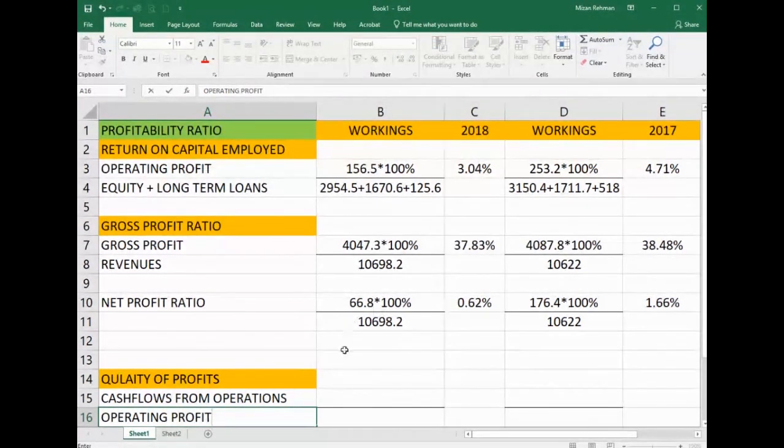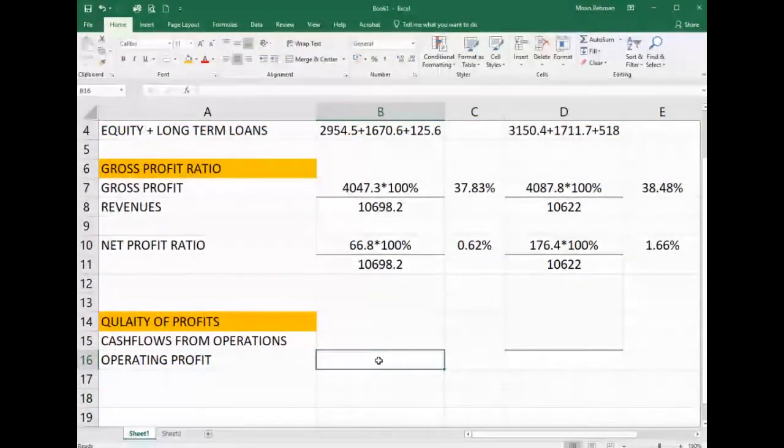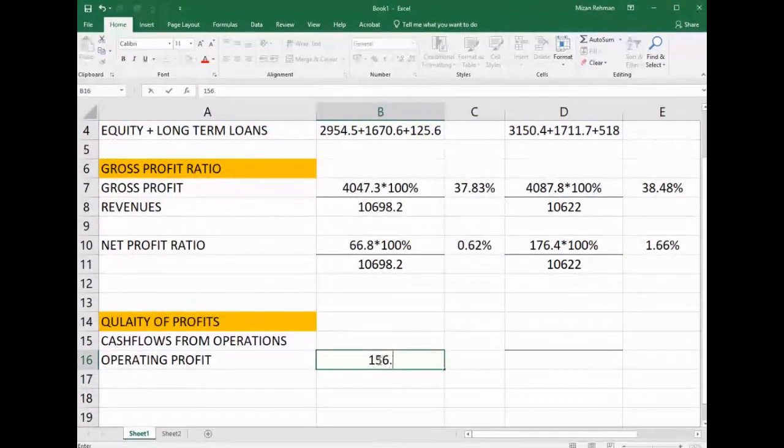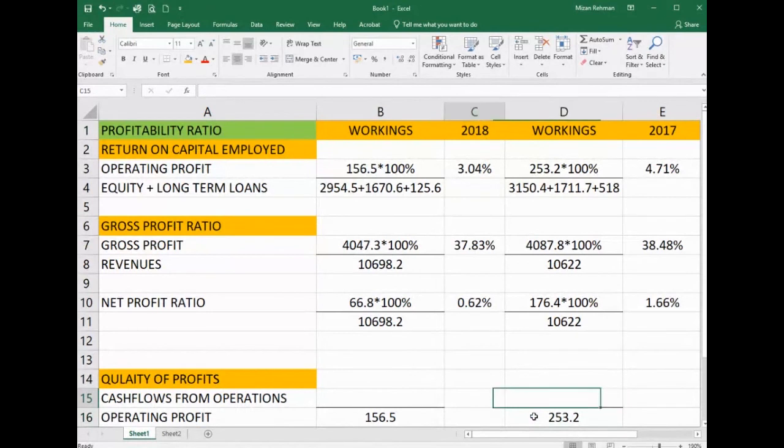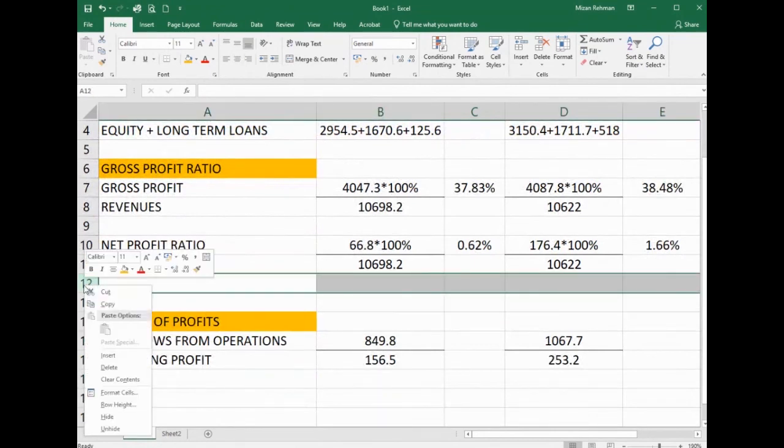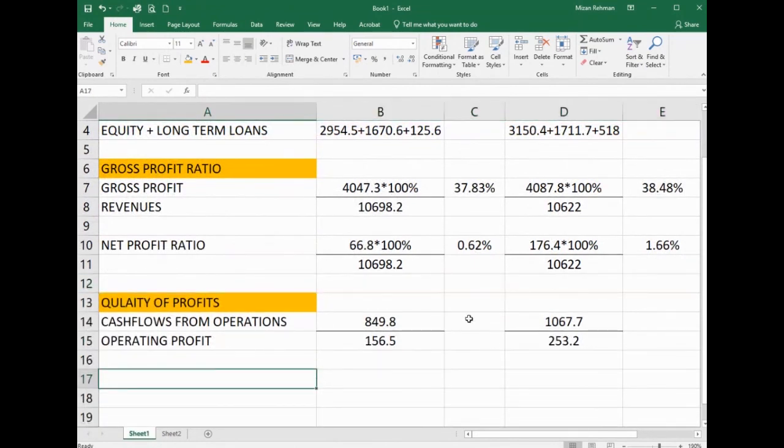Operating profit we have used before, 156.5 and 253.2, and this figure is new, which is net cash flow 849.8 and 1067.7. These are the two figures which we needed. We can do the math. There's no 100% now, okay?